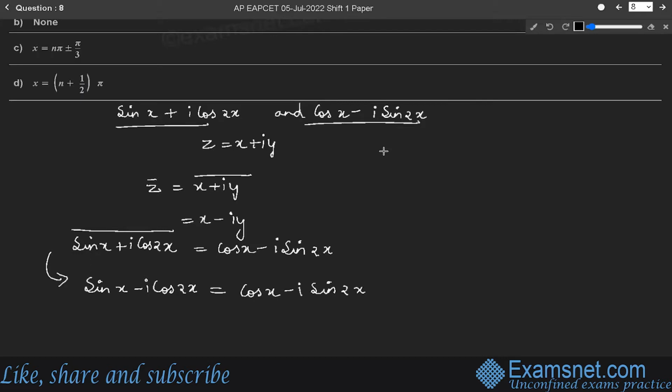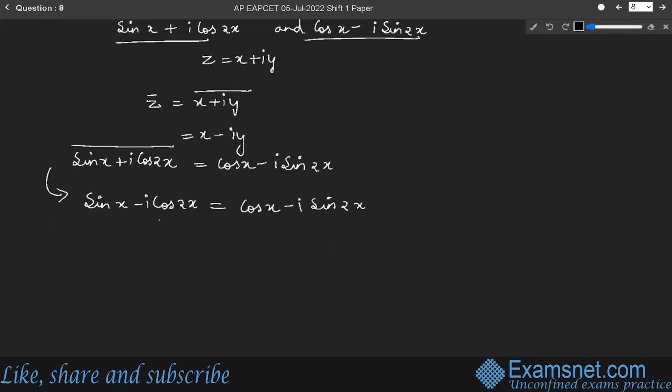We know that the real and imaginary parts should be equal. So from this, sin x will be equal to cos x. Let this be equation number 1. And minus cos 2x will be equal to minus sin 2x. Let this be equation number 2.